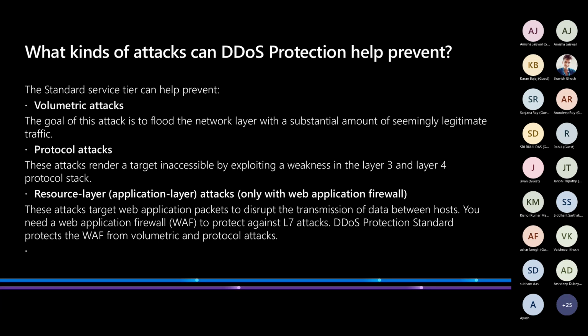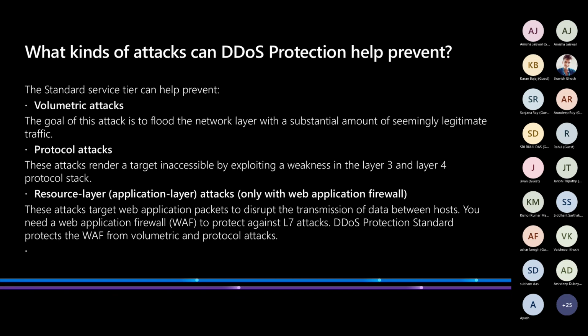What kinds of attacks can DDoS protection help prevent? The standard service tier can help prevent volumetric attacks, protocol attacks, and resource layer attacks. Volumetric attacks: the goal of this attack is to flood the network layer with a substantial amount of seemingly legitimate traffic.